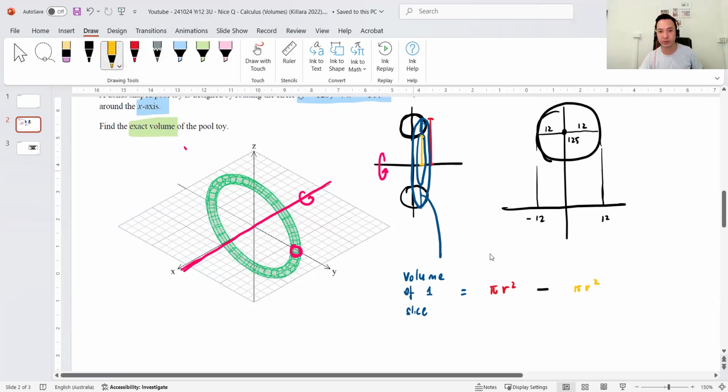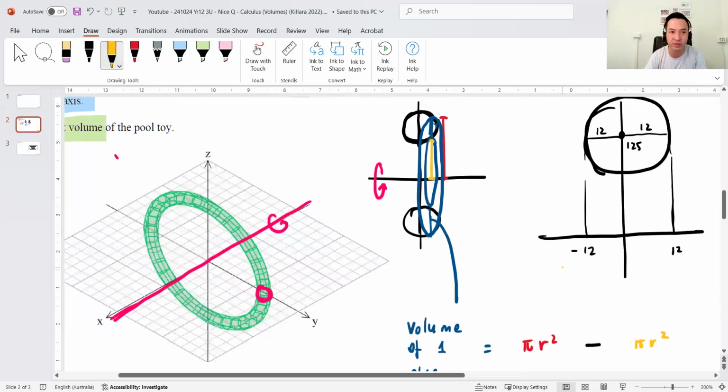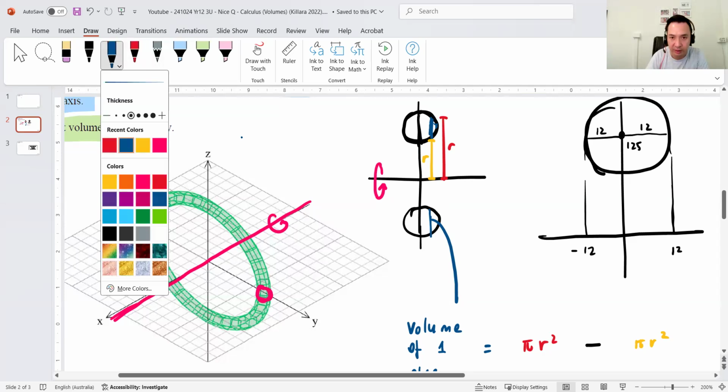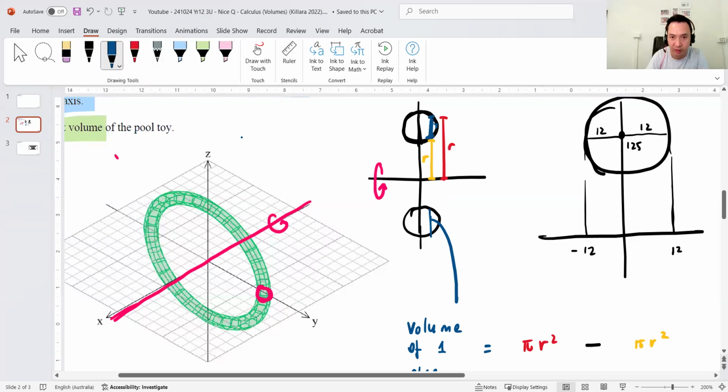I'll zoom in to demonstrate this, right? Let me get rid of this blue slice here. Now let's say this is R yellow, and this is R red, right? Both of those represent, if you take them to where the blue is, the Y values of the circle. There are two Y values there.